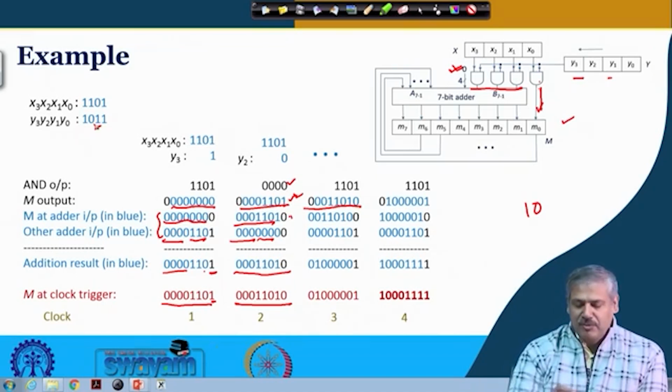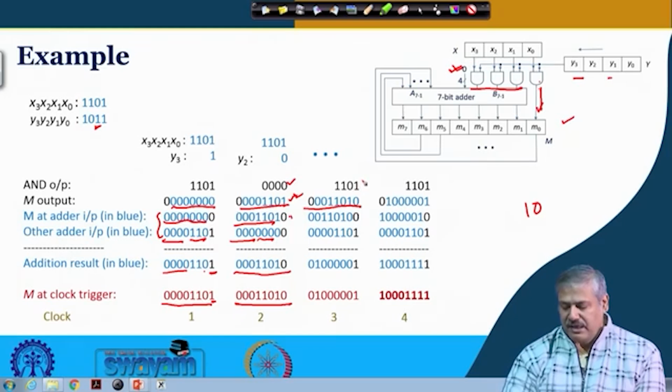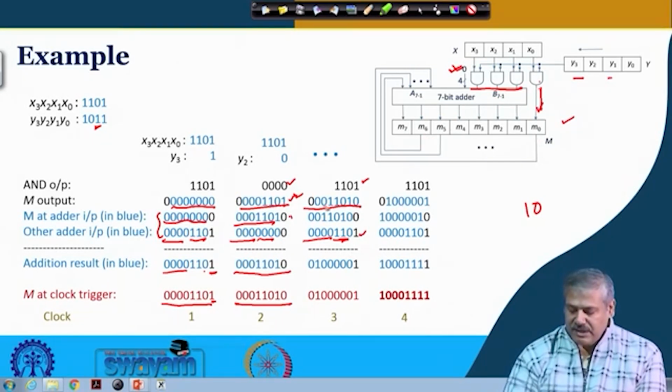So, this 1, y1, will come. What is the AND gate output? 1 1 0 1. Out of that, this 1 will come directly, and 1 1 0 appended with 4 zeros is the 7 bit adder B input, and for the A input, this M0 to M6 is coming here.